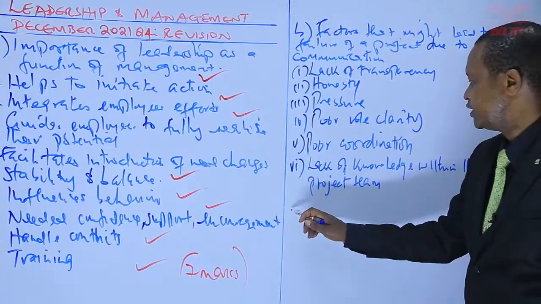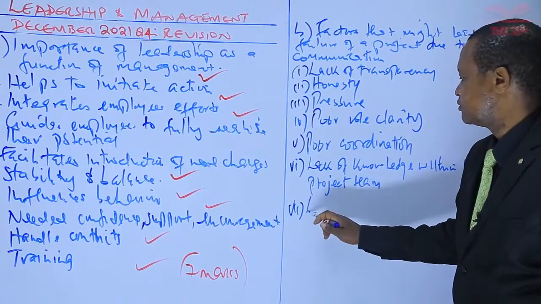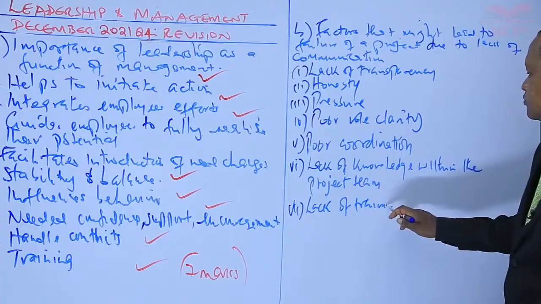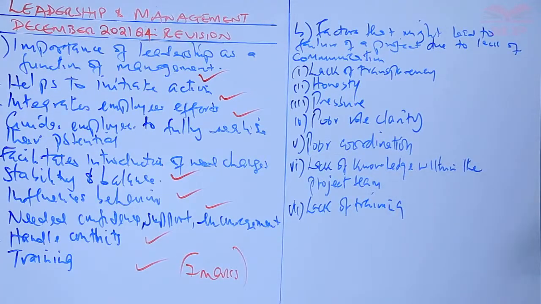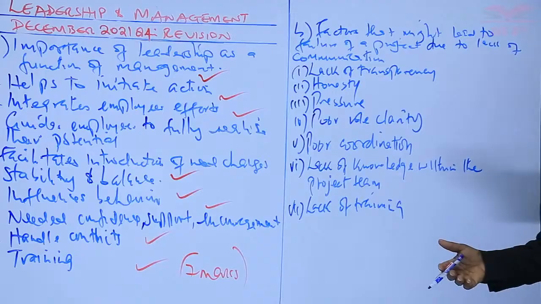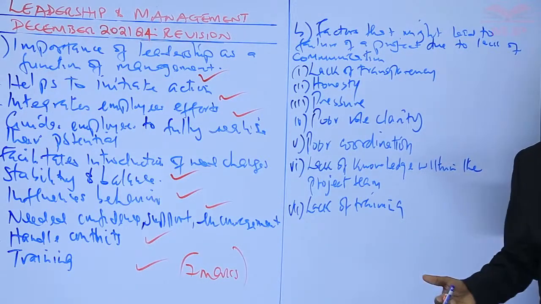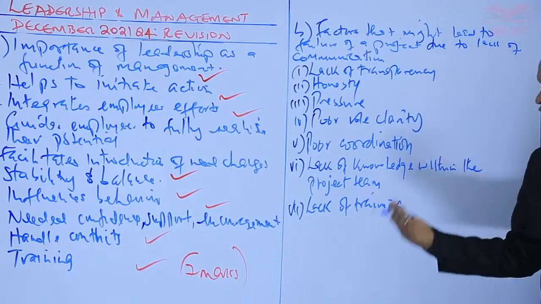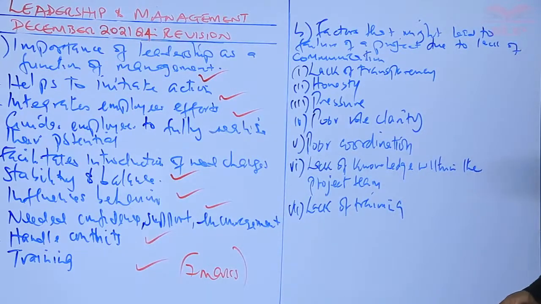Number 7, lack of training. Lack of training, we know, does not provide the stakeholders with the professional knowledge required to carry out a successful communication process.